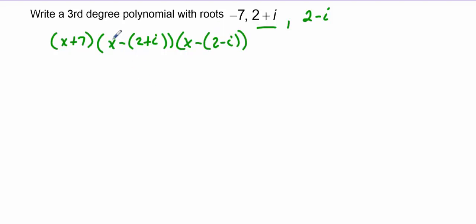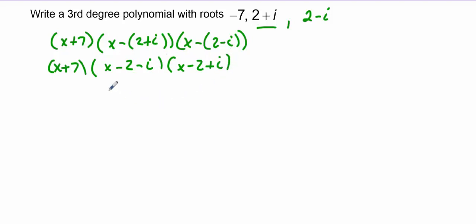I'm not a fan of doing a distributive property and getting 9 terms. So notice what I'm going to do. I'll keep my x plus 7. I'll distribute the negative, x minus 2 minus i, and then x minus 2 plus i. And then I'll notice that this is just addition and subtraction. I can do that from left to right.